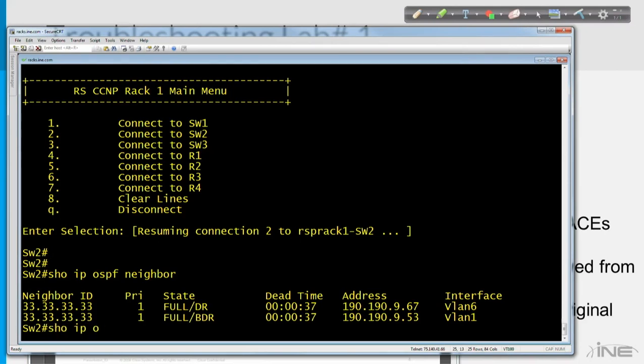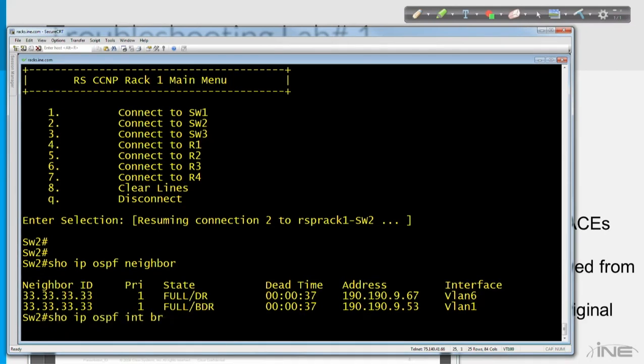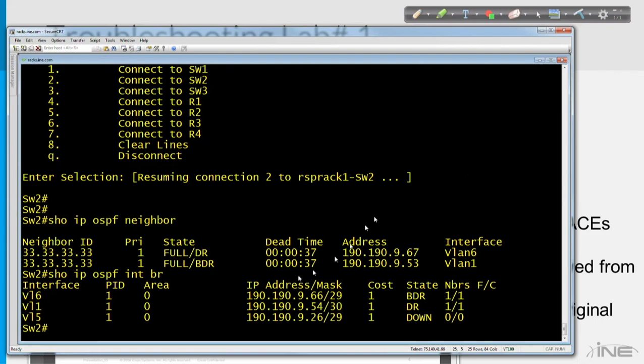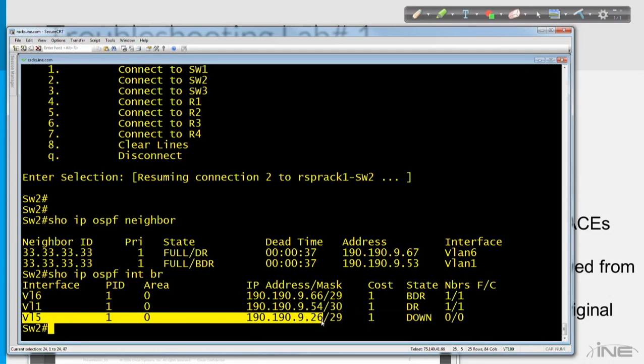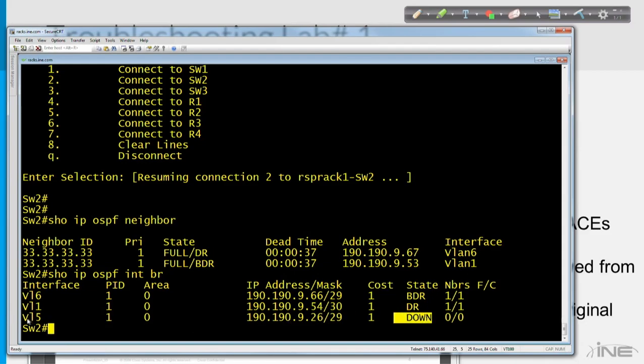Show IP OSPF interface brief. Okay, it is. It is active. All right, and it looks like I used to have a neighbor. And the neighbor's down. Okay, but at least I know that interface VLAN 5 is covered by an OSPF statement. It's not a missing or incorrect network statement of some kind.